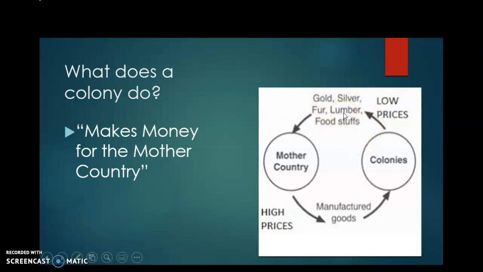That's going to be called resources. And they send those resources to the mother country, and the mother country takes those resources and turns them into a manufactured good. And they sell it back to the colony for a higher price.